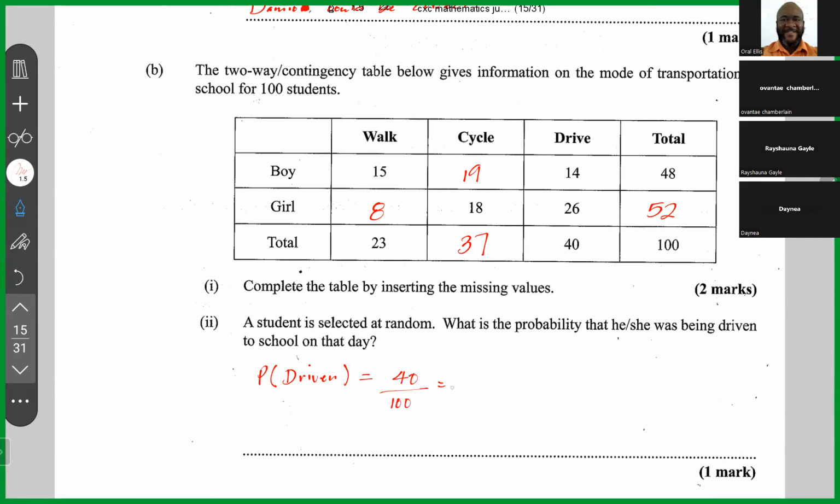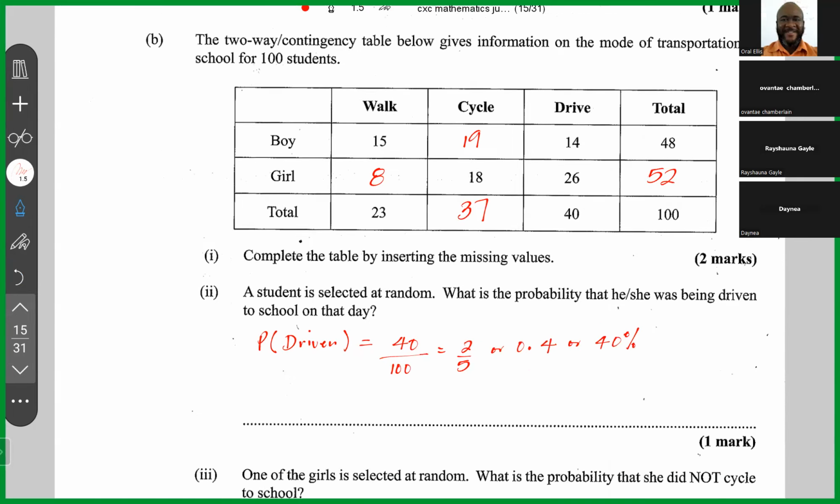So the probability is 2/5, or 0.4, or 40%. So there's a 40% chance that a student was being driven to school on that particular day.